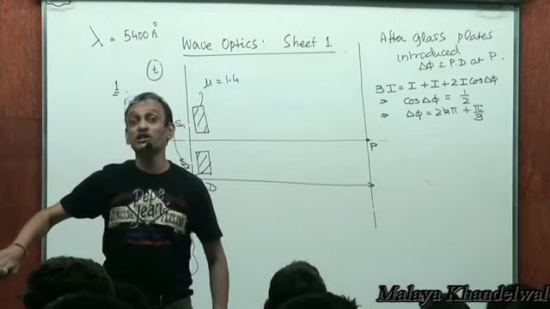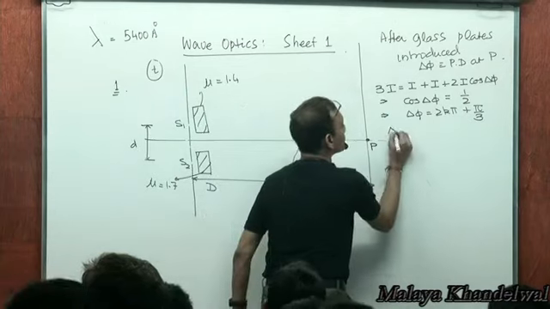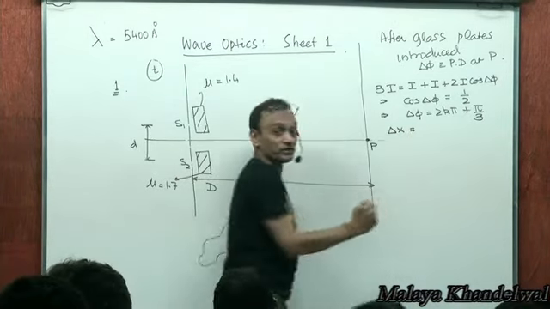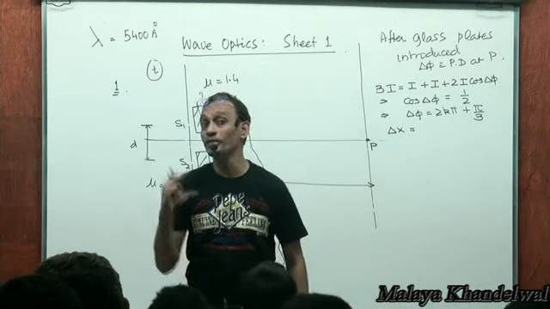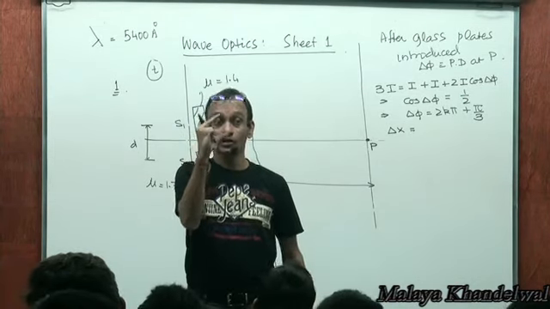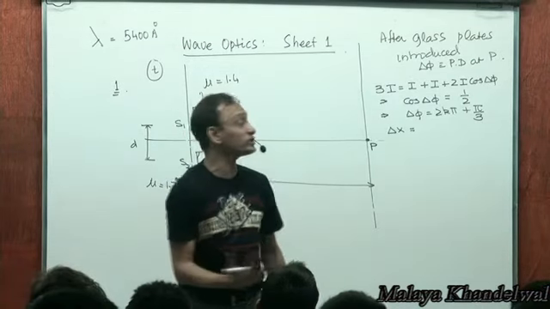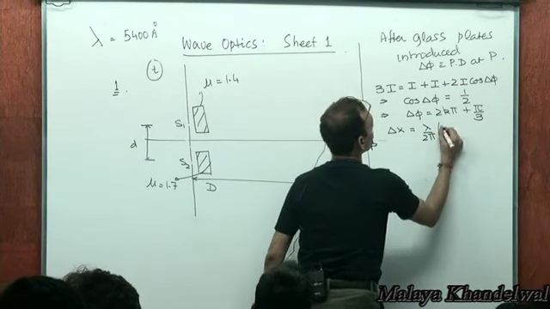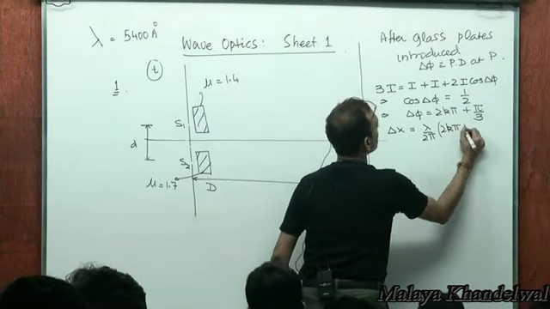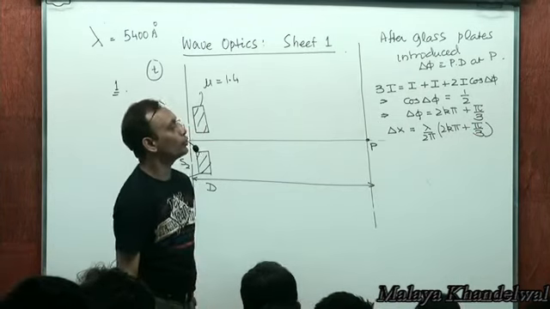The path difference at P then must have been the new path difference at P. When the plates were not introduced, the path difference was 0. Now because of the introduction of the plates, the path traveled through the plates is different. Therefore, there is a non-zero path difference at P. That's going to be lambda by 2 pi into 2k pi plus pi by 3. Yes or no?